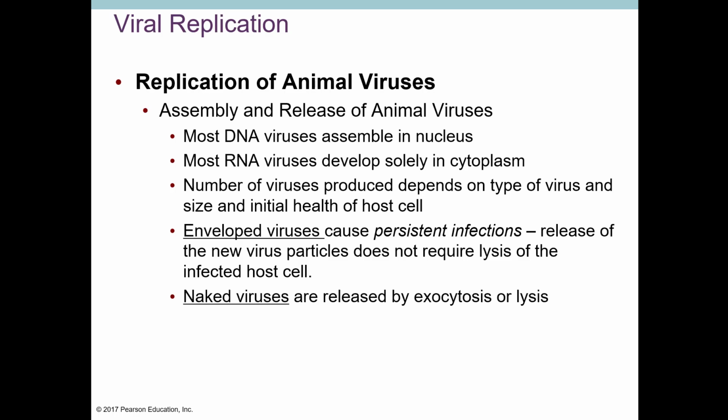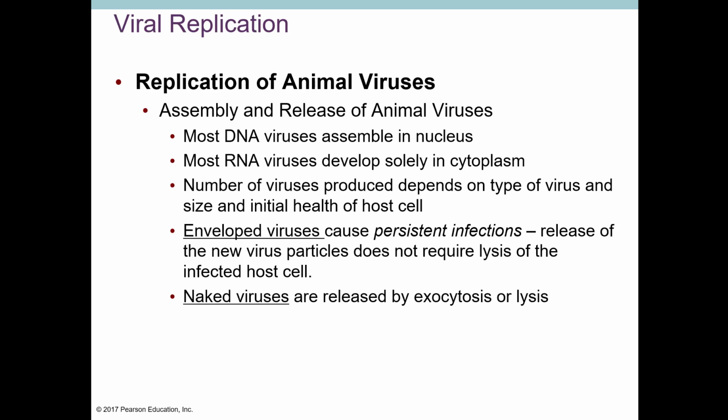If you have an enveloped virus, the animal cell can stay alive, and it can just allow viruses to bud off of its surface indefinitely. And that's even a little bit more problematic because the infected cell stays alive, and it just indefinitely releases new viruses.